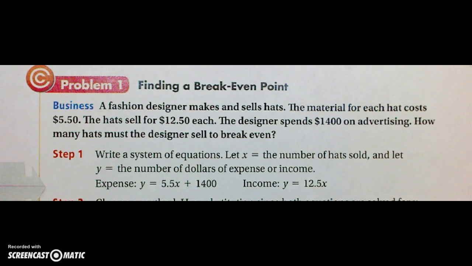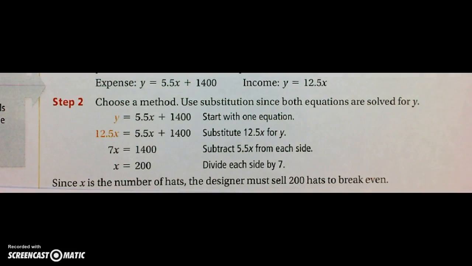At this point we need to choose which method we are going to use to find our ordered pair that works for both. We notice that this one says y is equal to 12.50x. That's an important clue on which one you're going to choose. We have our two equations, and we're going to use substitution since both equations are solved for y.